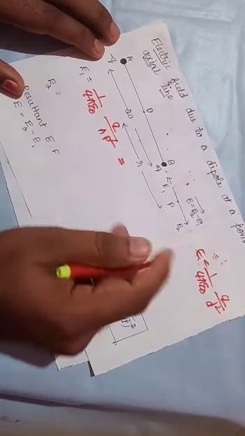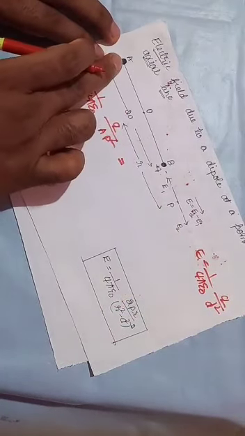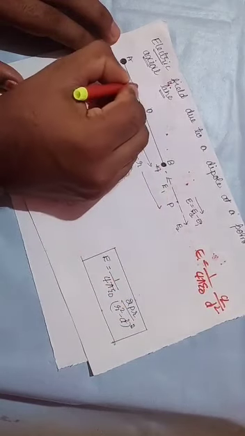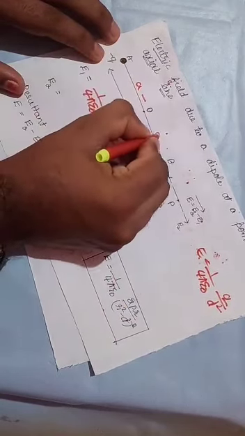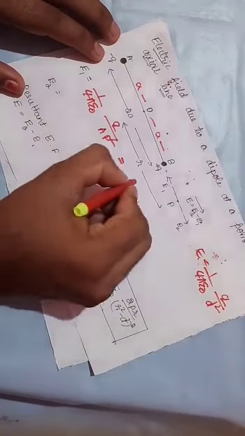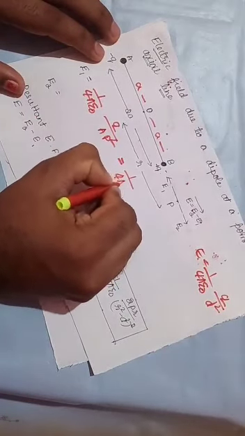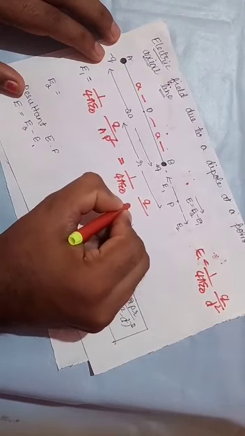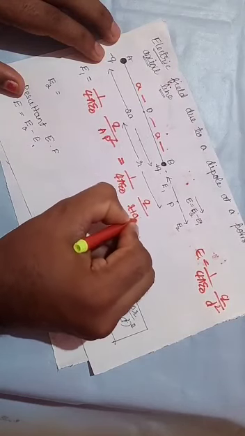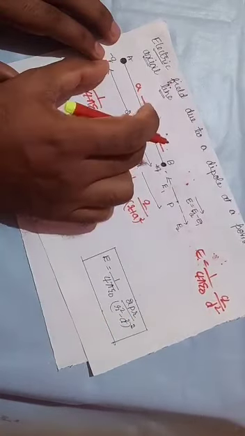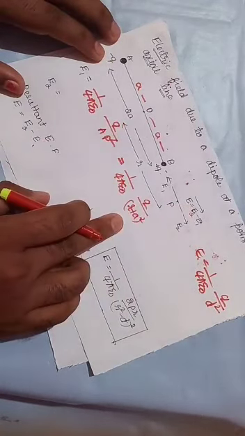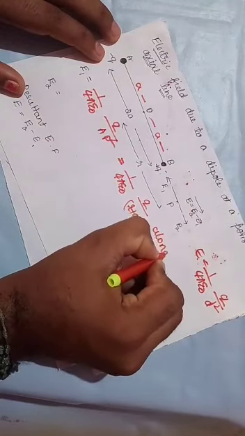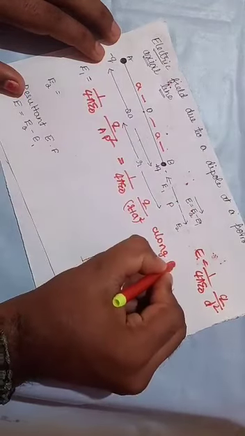But what is the value of AP? AP is the sum of AO plus OP. AO is a, and OP is r. So you can write it as 1 divided by 4 pi epsilon naught, Q divided by r plus a whole square. This is along the direction PA.